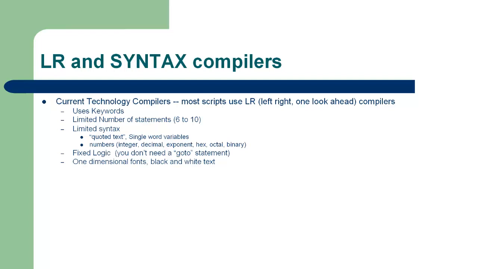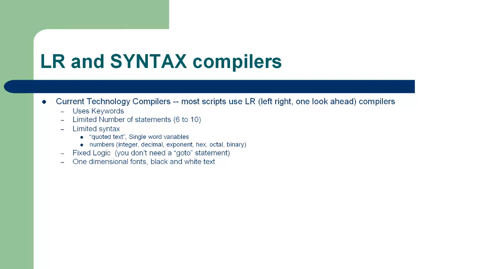Everything else, if we have a date or a URL or anything else, we as programmers have to use basically numbers or text or single words to describe what we're trying to say. And it has fixed logic, so whoever built the compiler, that is your compiler. There's no changing it.